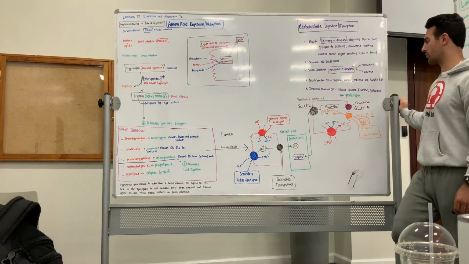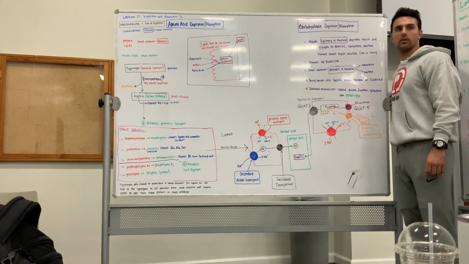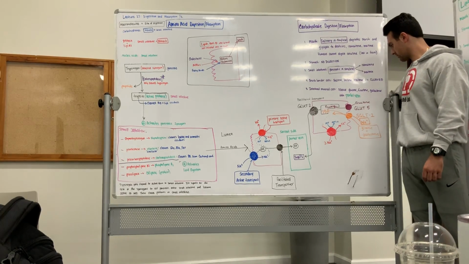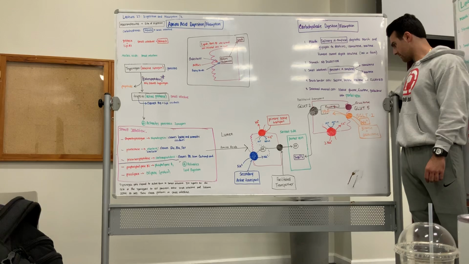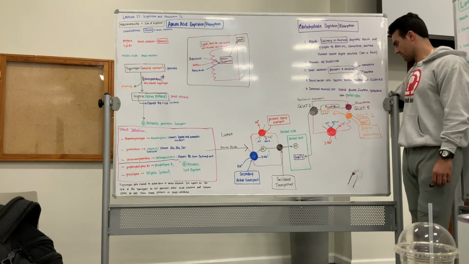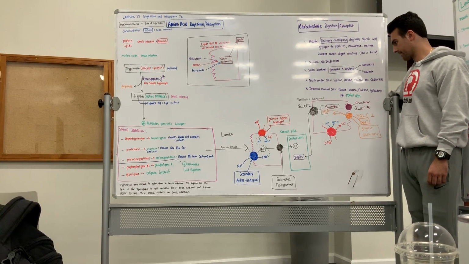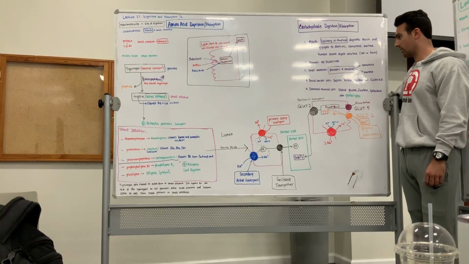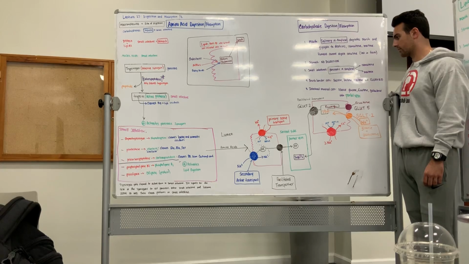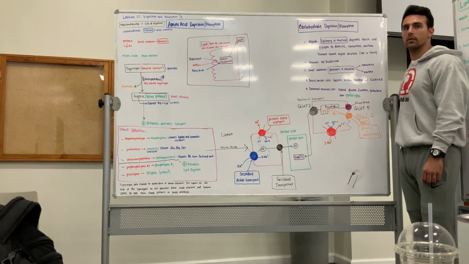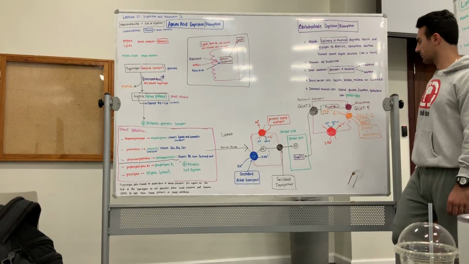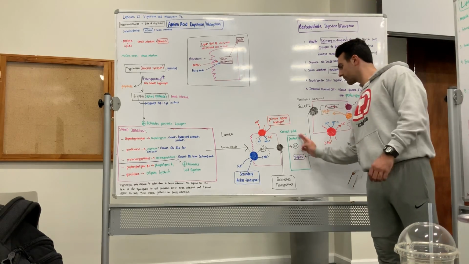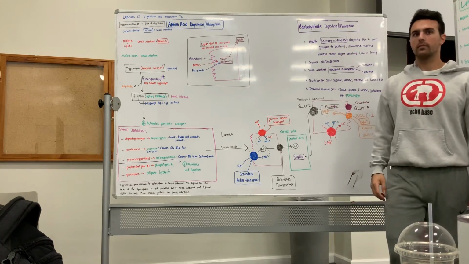GLUT5 we know is specific to only fructose through facilitated transport, and then GLUT2 allows fructose, glucose, and galactose by facilitated transport to leave the serosal side of the intestinal mucosal cell and enter the portal vein. So now sugars and amino acids are both located in the portal vein heading to the liver.